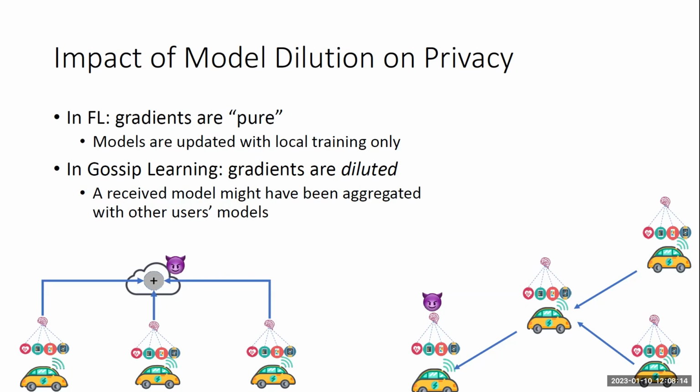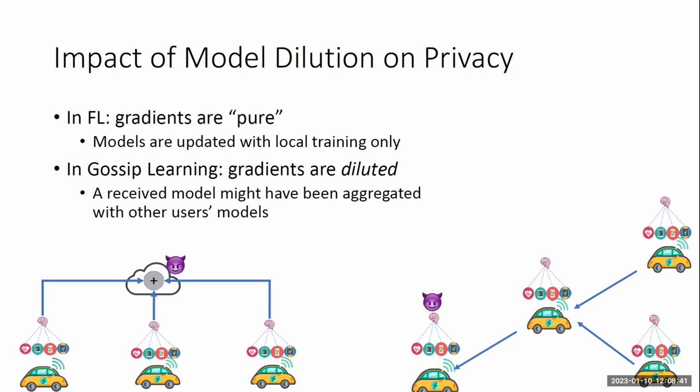The idea is that when the central server receives model updates from clients, the model parameters are not diluted. They are somehow pure because the user just updated the model and sent the model update to the server. While in a decentralized manner, when you receive a model update from your neighbor, this model has already aggregated many other models in the past.